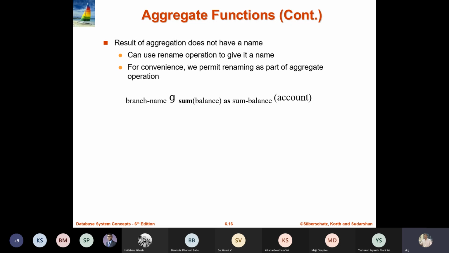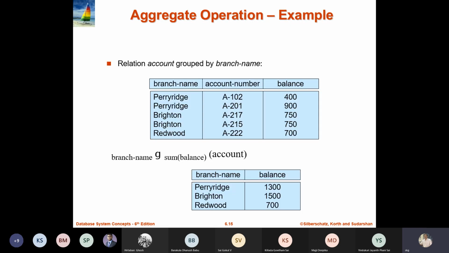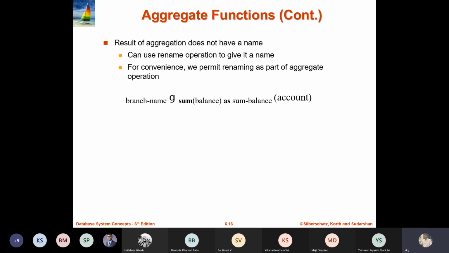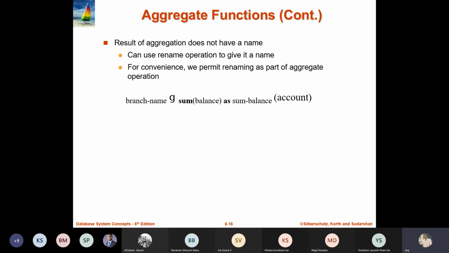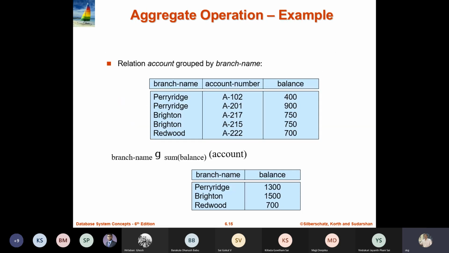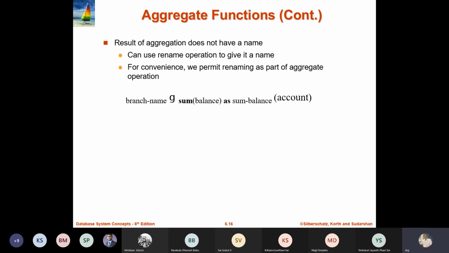In this case, the resultant does not have a name, so we say sum balance is the name. In case of the balance, I give the rename as sum of balance as sum balance. So the column becomes sum balance.